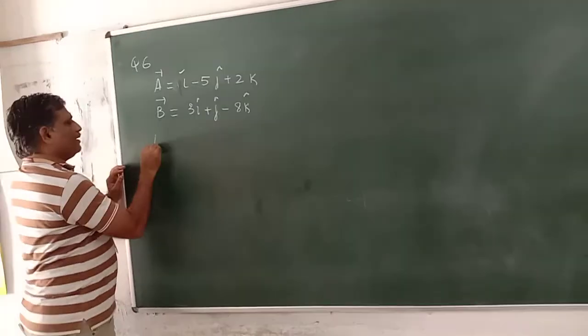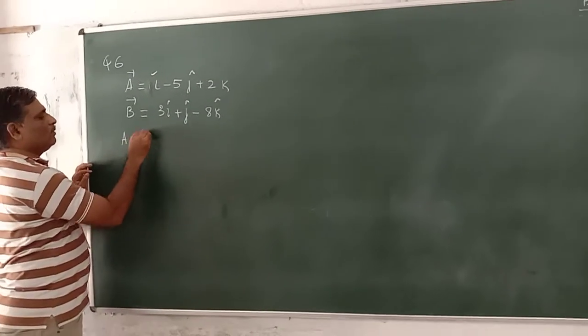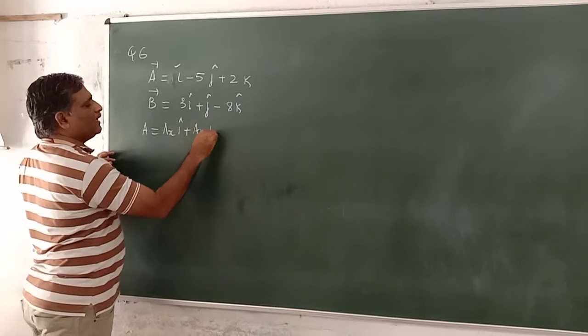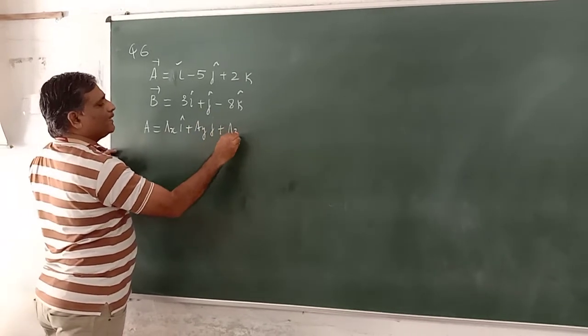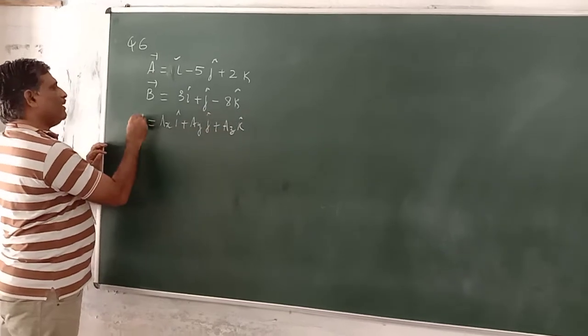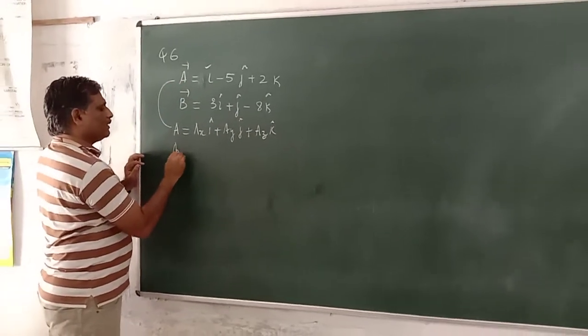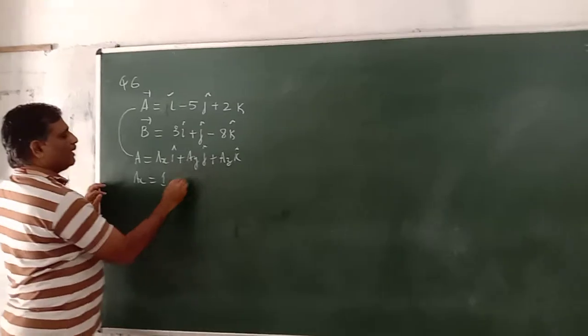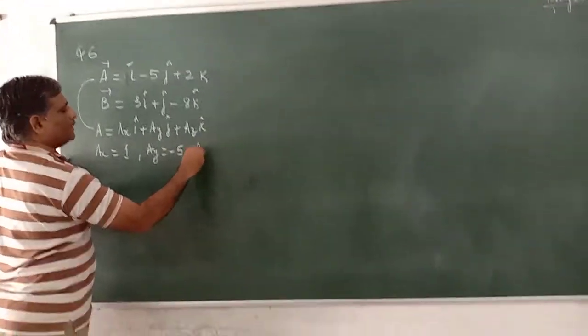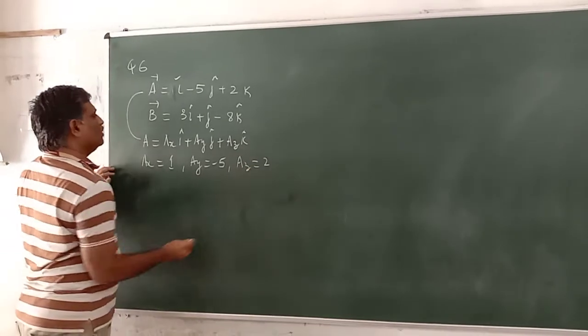Now A dot B. A is equal to AX i plus AY j plus AZ k. It is a general, generalized form, so compare it with this one. AX is equal to 1, AY is equal to minus 5, AZ is equal to 2.